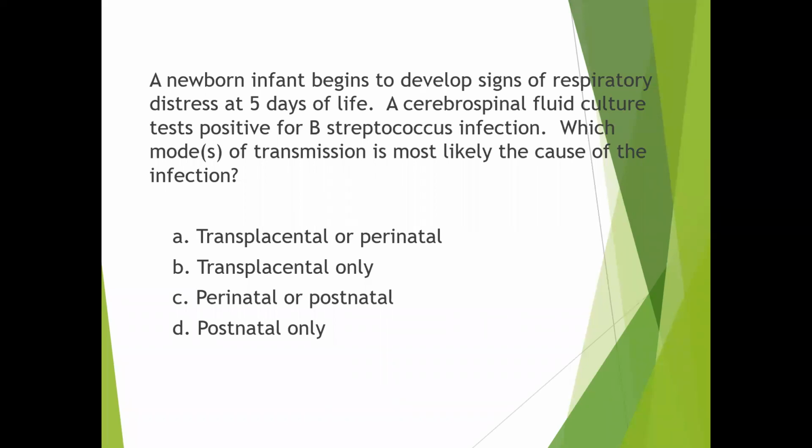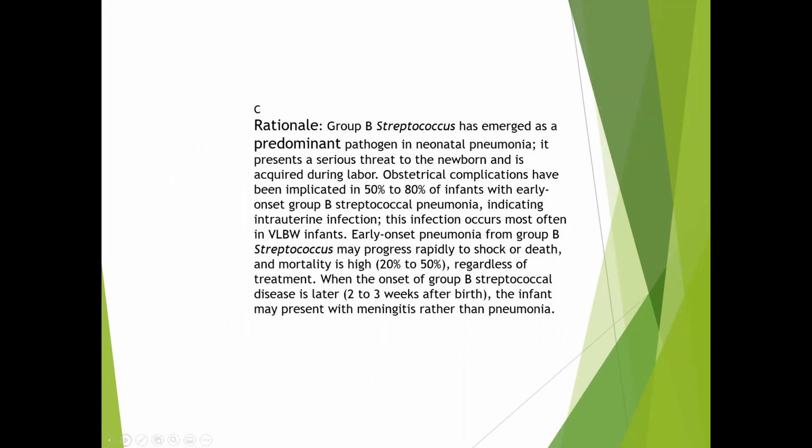Perinatal or postnatal. So peri is around the time of delivery. So if membranes rupture, the organism can get up into the fetus. And then postnatal, they come in contact with the organism and then they develop a pneumonia. The infection occurs most often in very low birth weight infants.